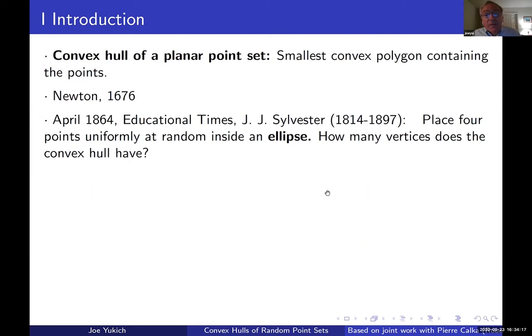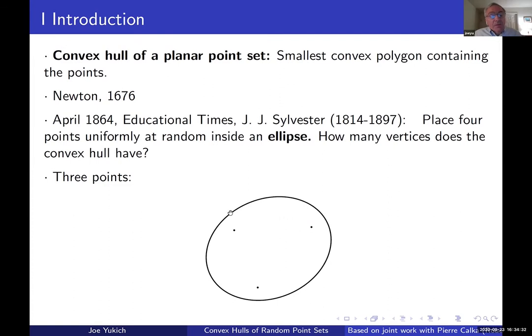inside an ellipse. How many vertices are there in the convex hull? So if you put 4 points uniformly at random inside an ellipse, how many vertices does the convex hull have? If you put down 3 points in an ellipse, the 3 points look like this.